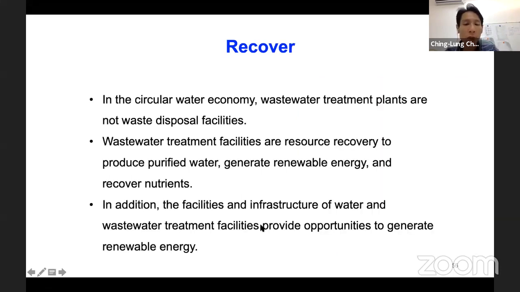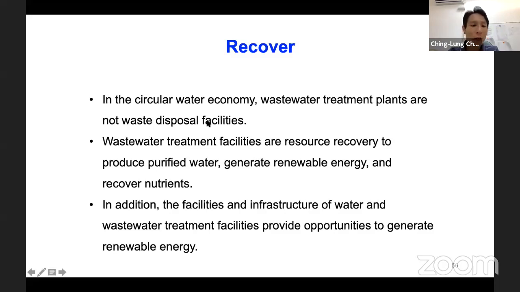And then in the circular water economy, wastewater treatment plants are not waste disposal facilities. Okay, so the wastewater treatment plant is not just a place that tries to purify water, it also tries to recover material from the wastewater.